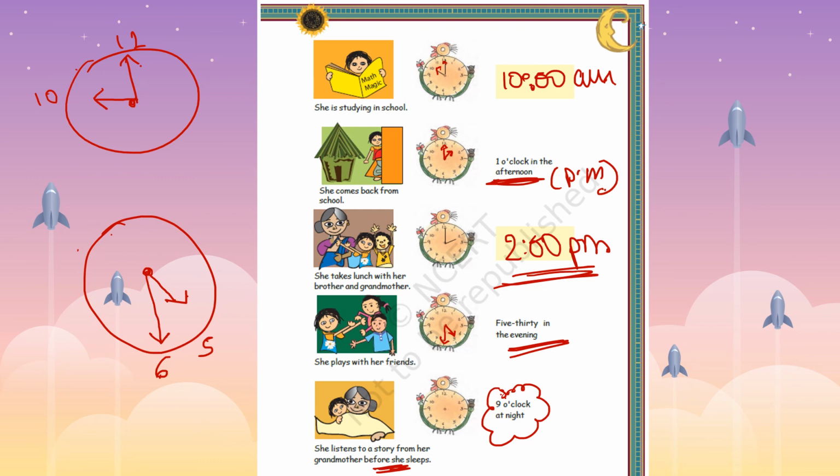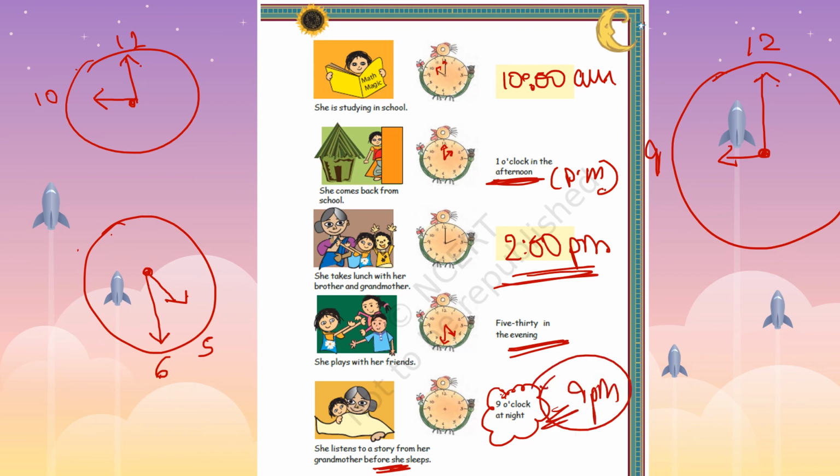So 9 o'clock. How do we draw it? Hour hand at 9 and minute hand at 12 will give us 9 o'clock, 9 p.m., right? At night. So I hope this is all clear to you guys.